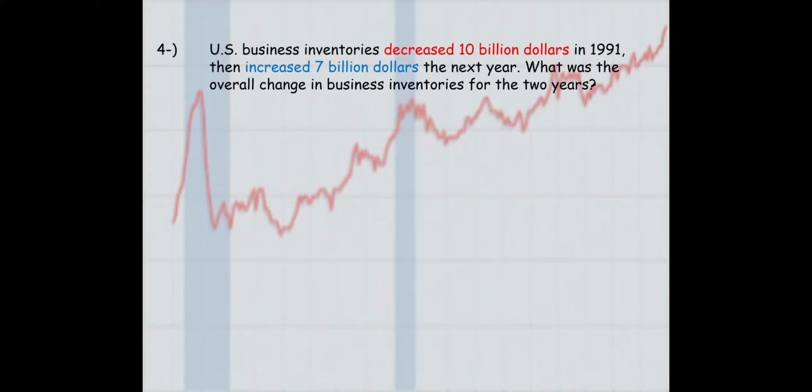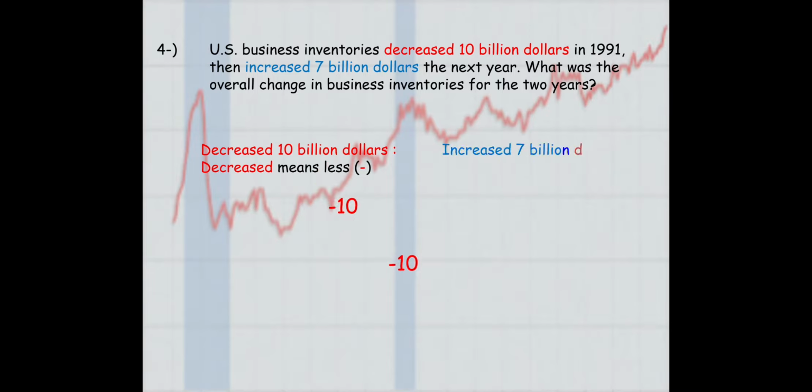United States business inventories decreased $10 billion in 1991, then increased $7 billion the next year. What was the overall change in business inventories for the following 2 years we talked about in the question? So decrease $10 billion. Decrease means less. That means it's negative. So it is negative 10 as you see.